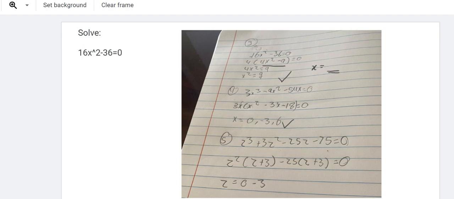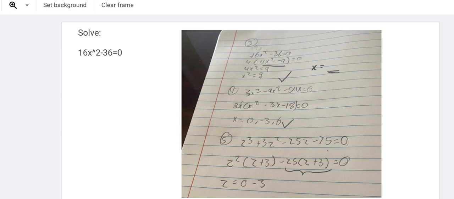And then for question number 5, you first factor the z squared plus 3z, and the other part is 25z plus 2.